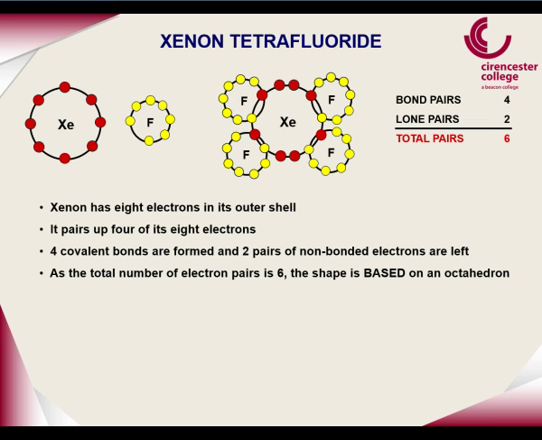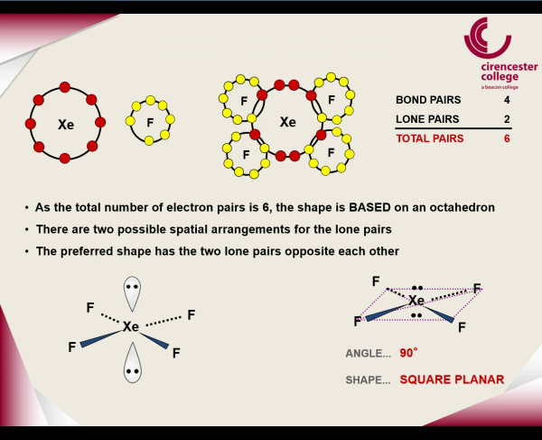A little bit more of an exotic case is, for instance, xenon tetrafluoride. We have 4 bonded pairs between the xenon and the fluorine, but we also have 2 lone pairs. Again, we got 6 electron pairs, so the shape will be based on an octahedral.